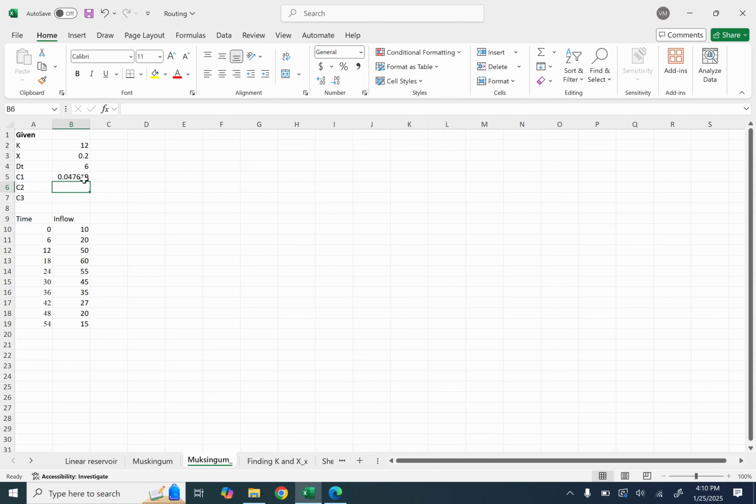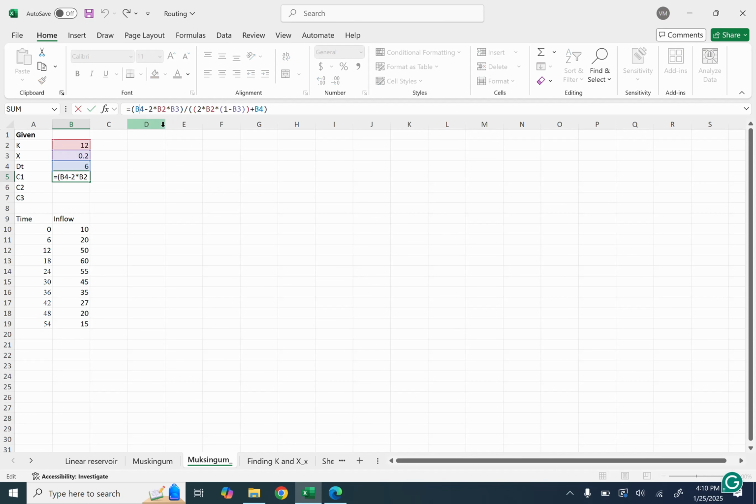And yes, we got 0.048, and we have many decimal places here. Since we are going to use the same variable, I'm going to put dollar signs for all these.